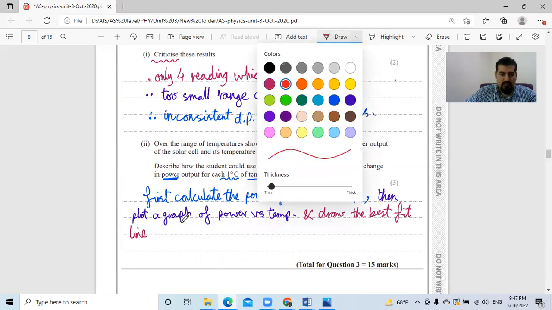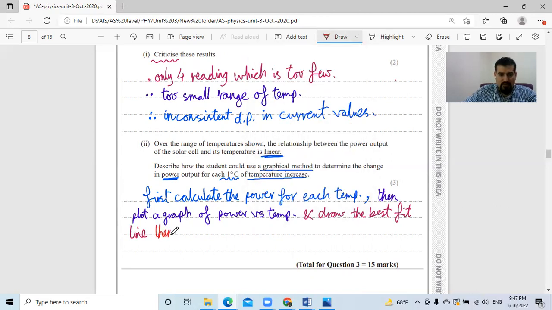Then calculate the gradient of the line, because the gradient here is the power for each degree Celsius of the line.